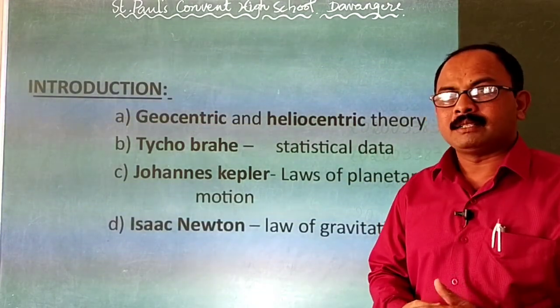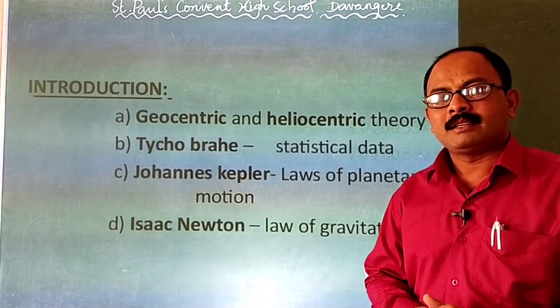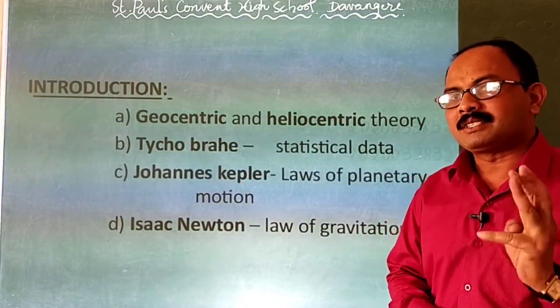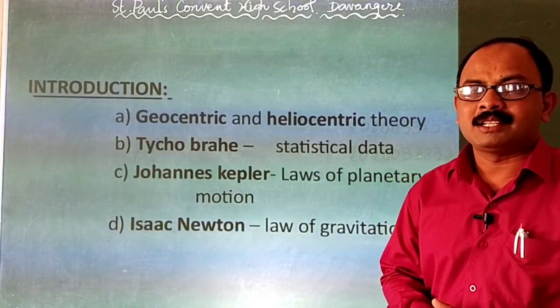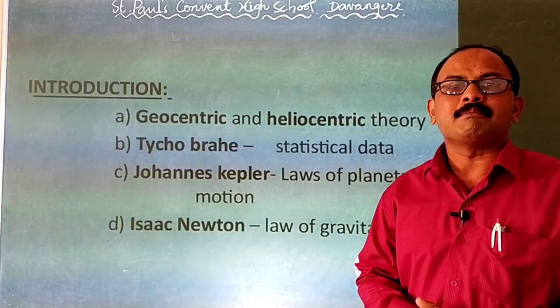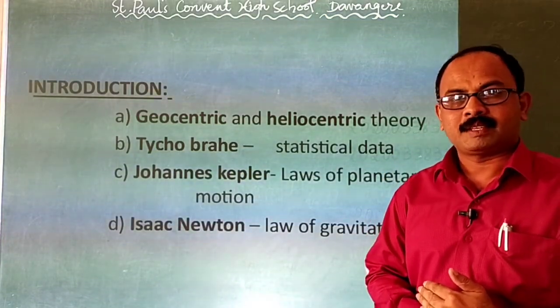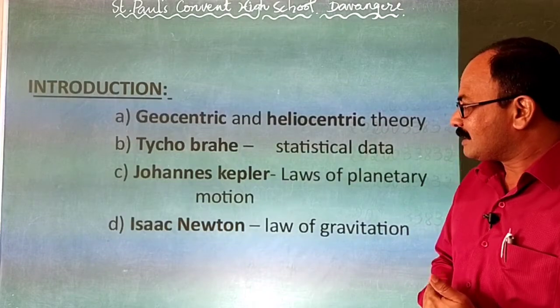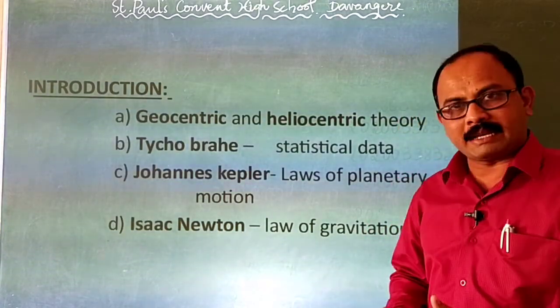Johannes Kepler takes the help of Tycho Brahe. He proposes three laws and mentions them as the laws of planetary motion. This is a series of linked events, children. Then Sir Isaac Newton takes the help of Johannes Kepler.